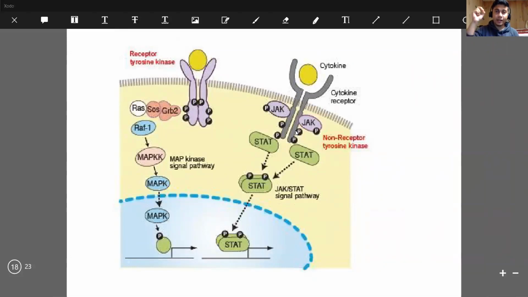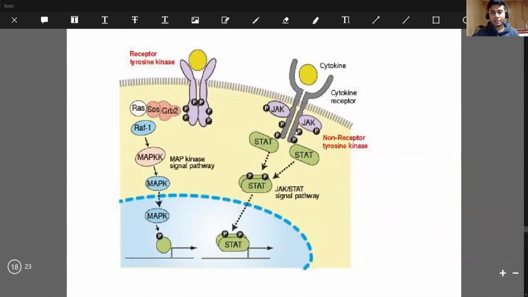That means when the ligand binds to this receptor, through that tyrosine kinase, it can phosphorylate the tyrosine residues attached to it.